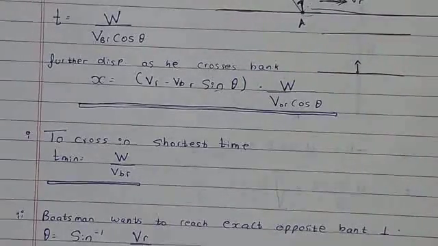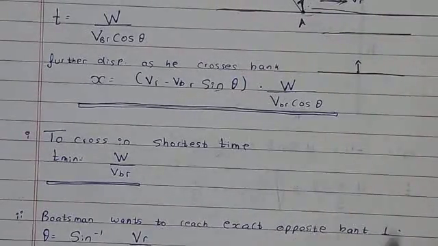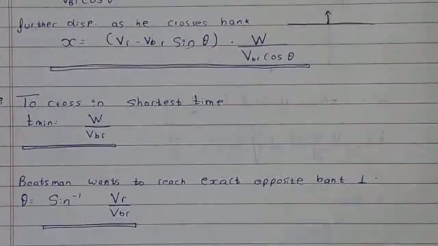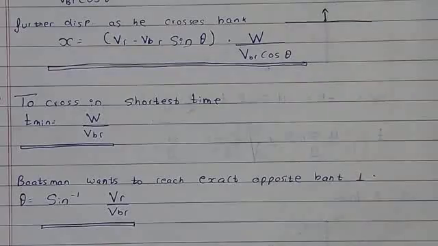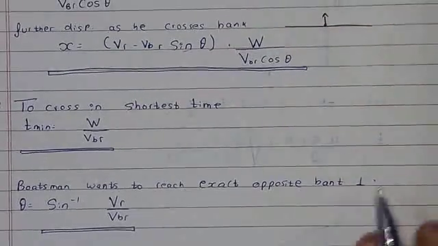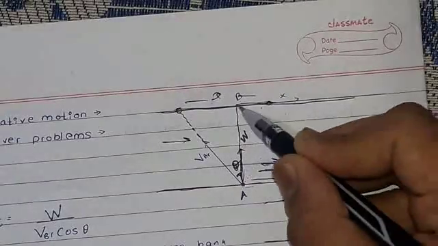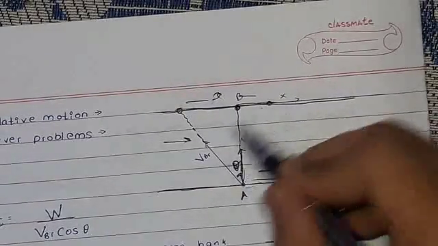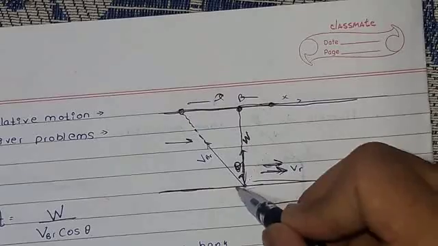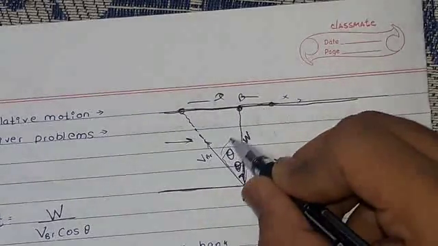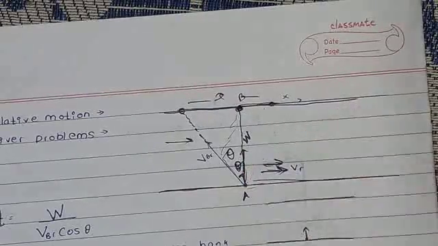And if the boatsman wants to reach an exact position at the opposite bank, I don't know why a boatsman would like to do this, but it is a formula, so you have to learn. So if a boatsman wants to reach exactly this position after drifting from the river, then what angle would he go? If it's angle theta, it goes right here, drifts due to flow of river and reaches here.